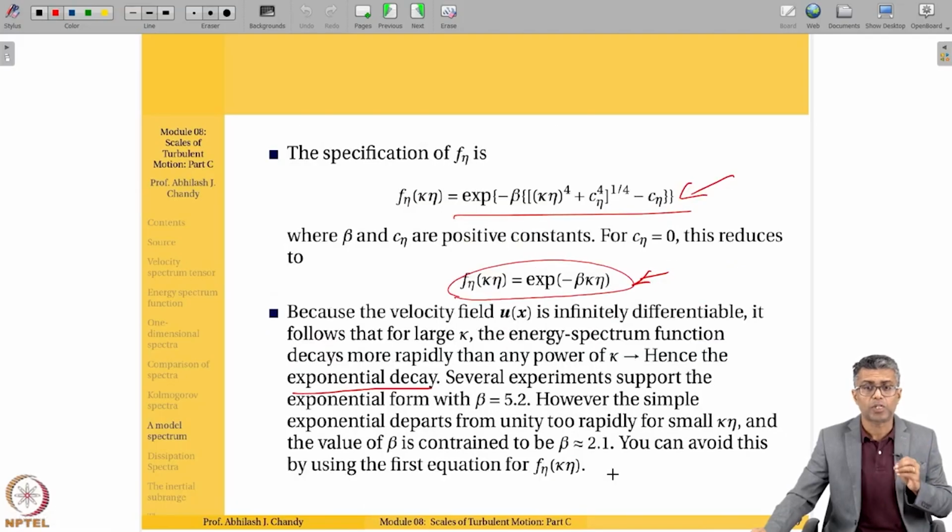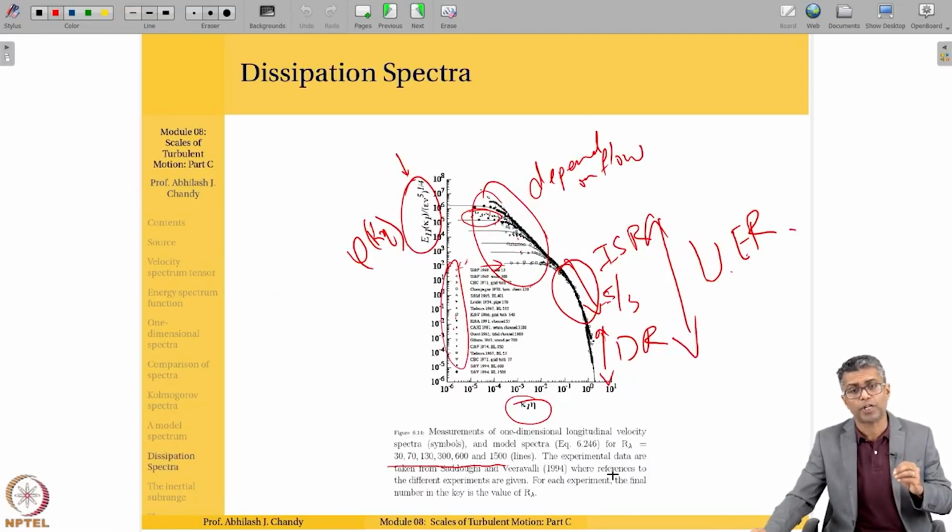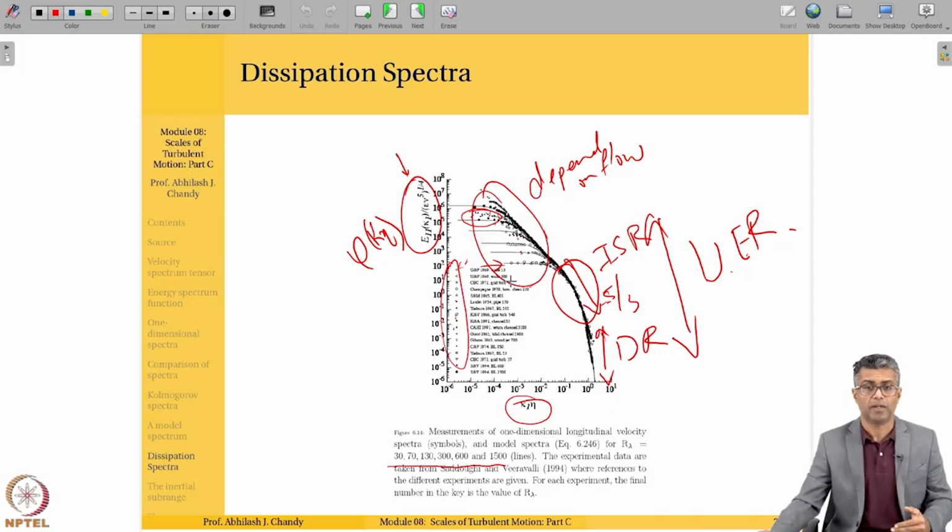And that model spectra is built according to the Reynolds number that you have. And as you can see, the model spectra matches the experimental data extremely well at the different Reynolds numbers. So that is what I wanted to point out with regard to this figure.